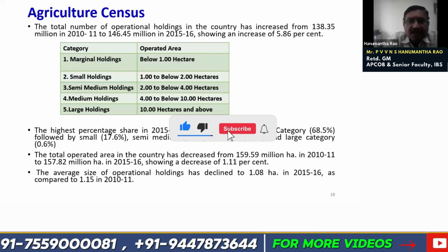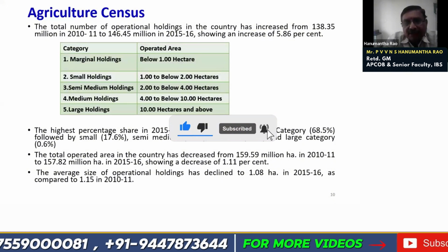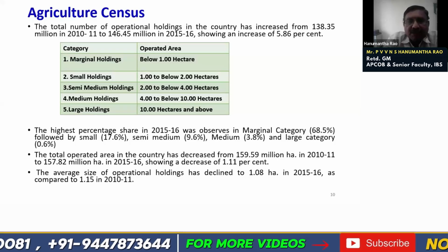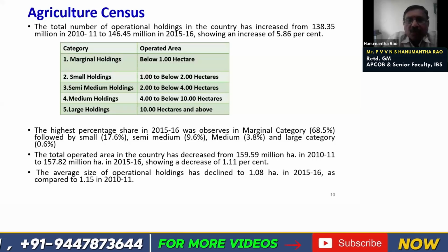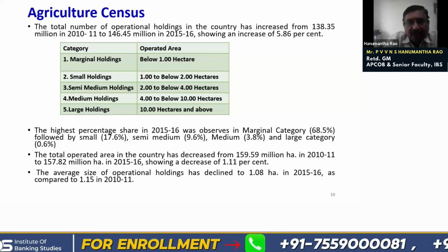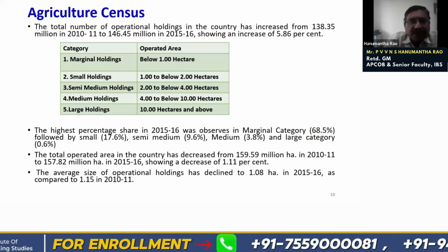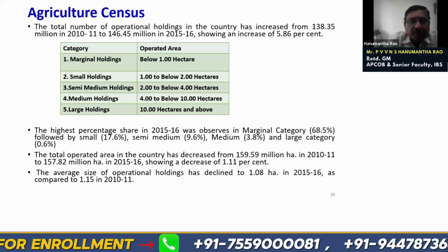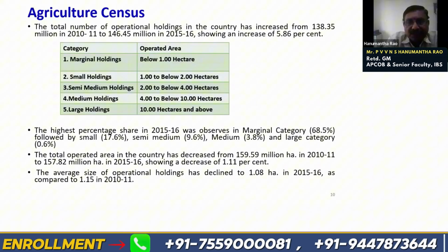Small holding means 1 hectare to below 2 hectares. Next, semi-medium holdings, 2 hectares to below 4 hectares. Medium holdings, 4 hectares to below 10 hectares. If it is 10 hectares and above, it will be called large holdings.